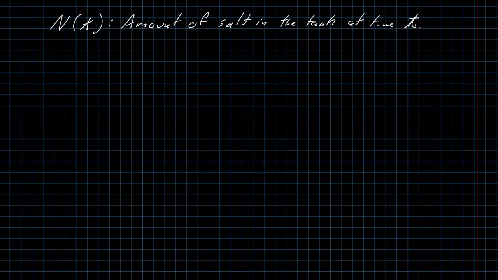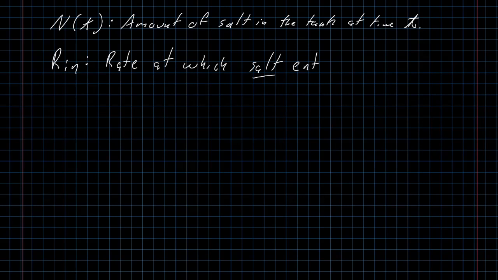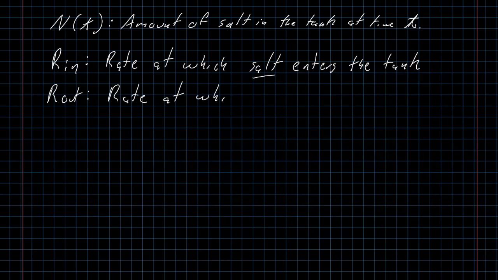It's also going to be worthwhile to think about R in, the rate at which salt, not water, not a mixture, the rate at which the salt enters the tank, is going to be R in, and then R out is going to be the rate at which salt leaves the tank.